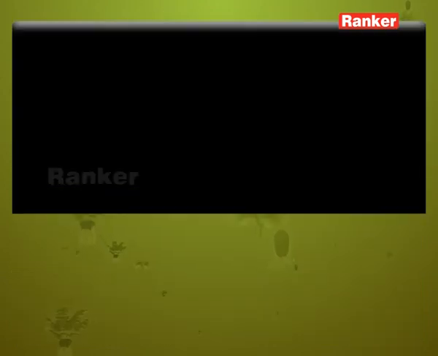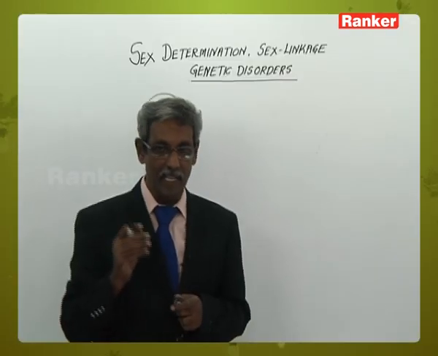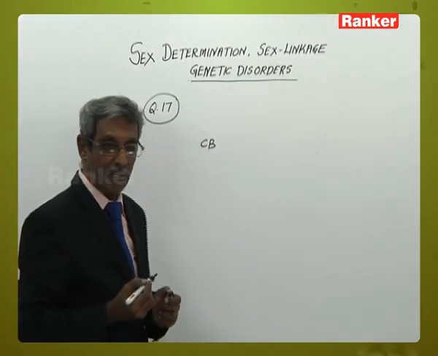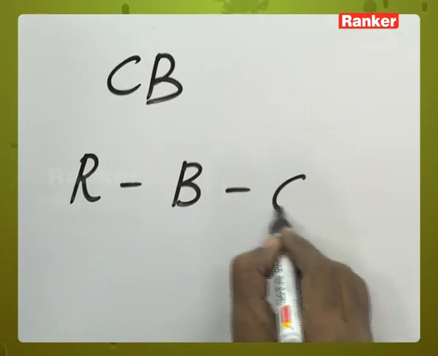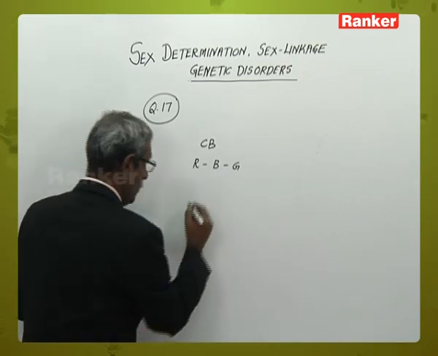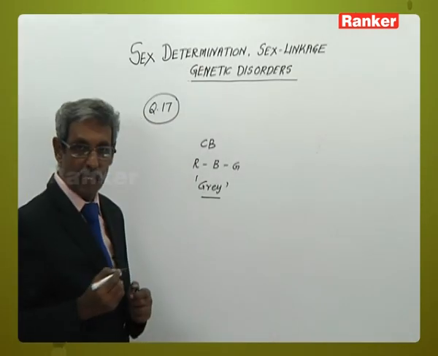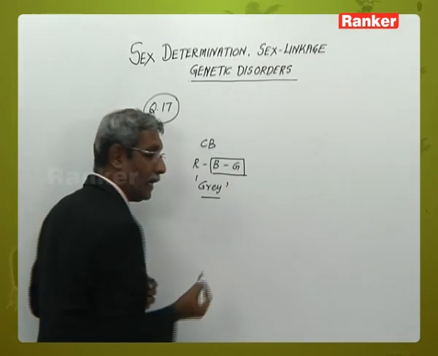Question number 17 asks, color blindness in which all colors appear grey is termed as monochromatism or dichromatism or protanopia or deuteranopia. Now, color blindness is a character wherein you can't distinguish between red, blue and green. Predominantly, anybody who is color blind only perceives shades of grey, and there is a dimming between the blue and the green colors.